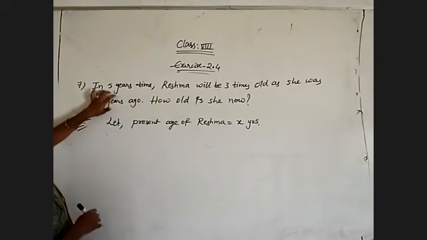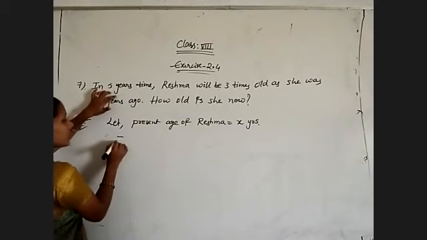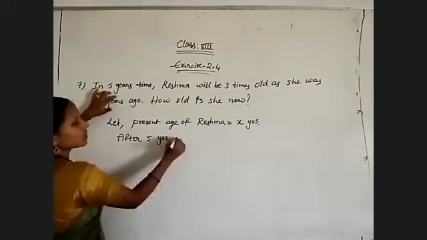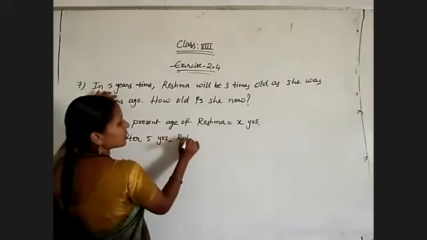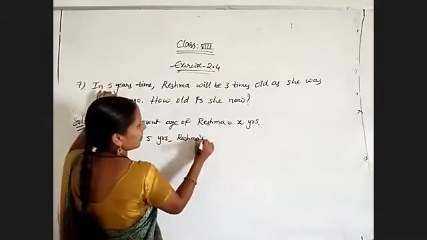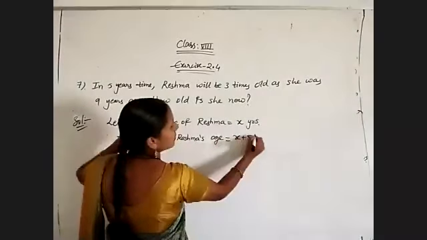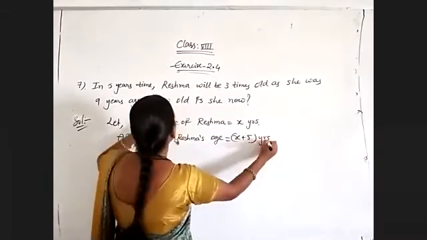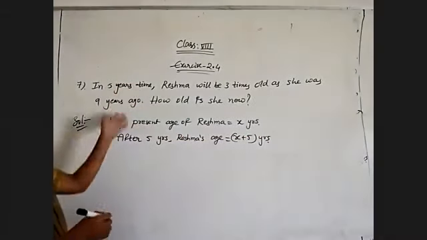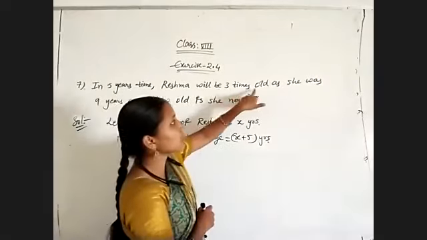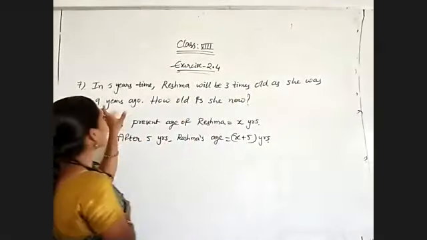In 5 years time means after 5 years, Reshma's age is equal to X plus 5 years. In 5 years time, they are given X plus 5. Reshma will be 3 times old as she was 9 years ago.